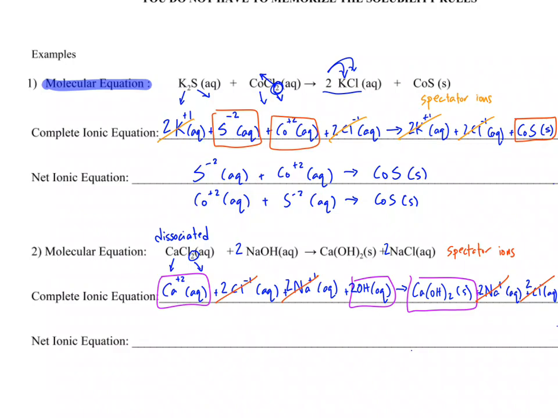So the important stuff, the net ionic equation, would be calcium, which is in the aqueous form, plus 2 moles of hydroxide ions, which is also in the aqueous form, reacted to produce Ca(OH)2 as a solid. They form solid calcium hydroxide.